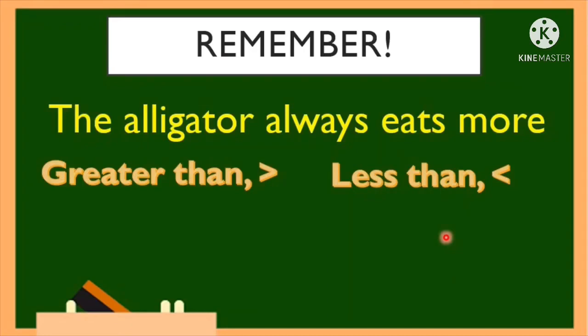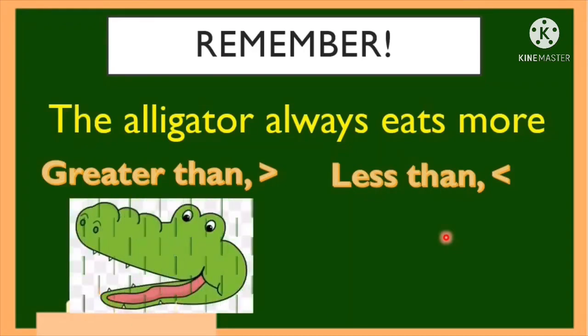In greater than, let us do it again. It must be open to close. Remember the face of the crocodile, alright? So the mouth of the crocodile will direct to the left side. It will face the left side if we have greater than.